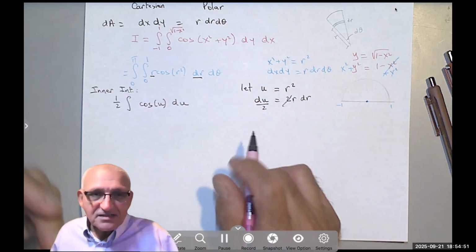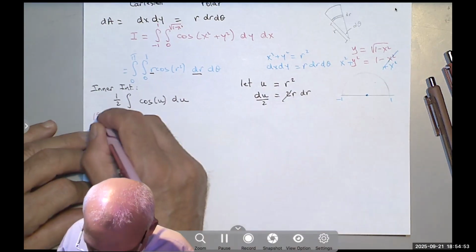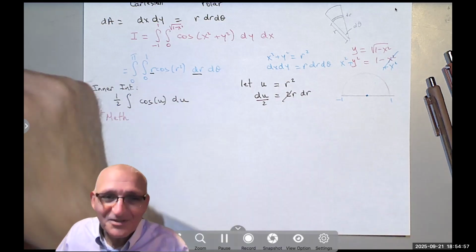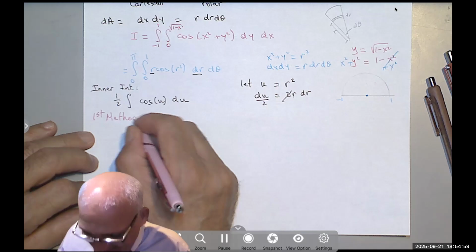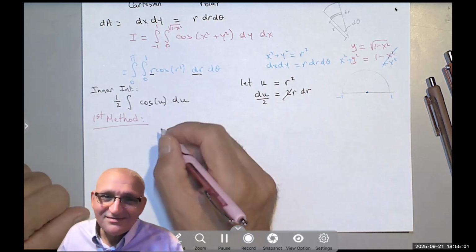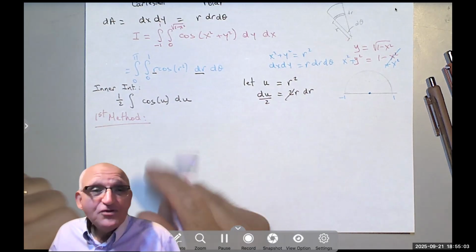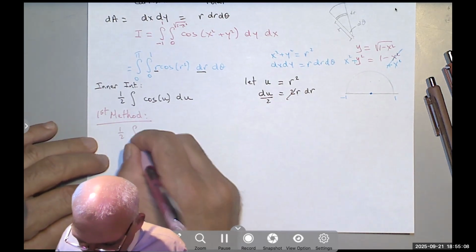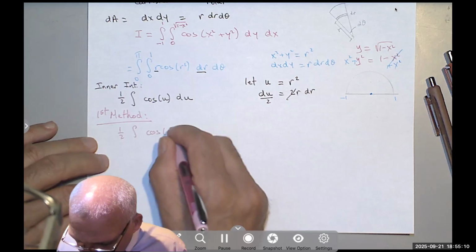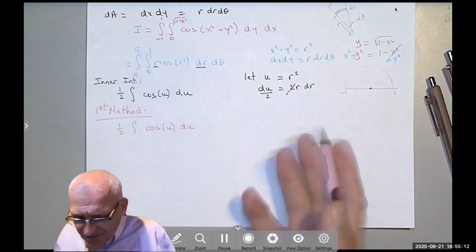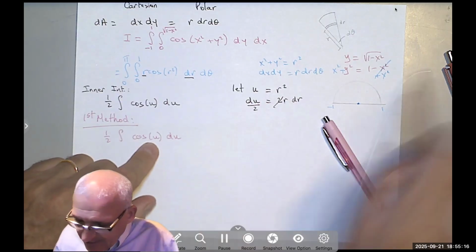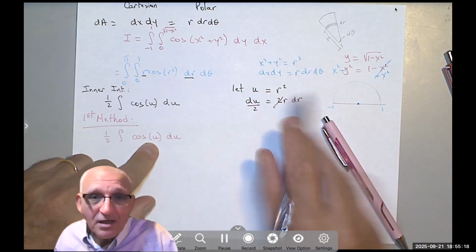What I mean is, the first method, stay with u, not with yourself. Okay, I know, bad joke. So if you stay with u, you have to find the limits of integration of cosine u du.